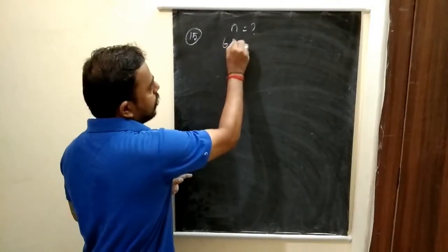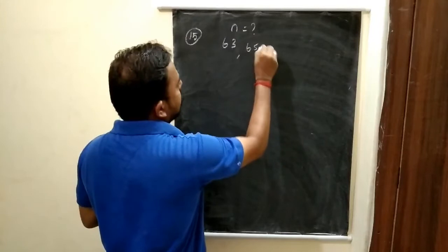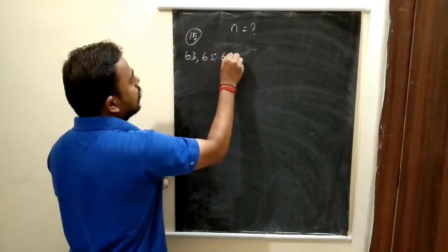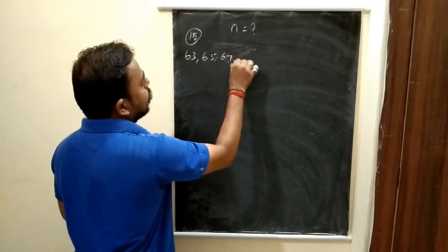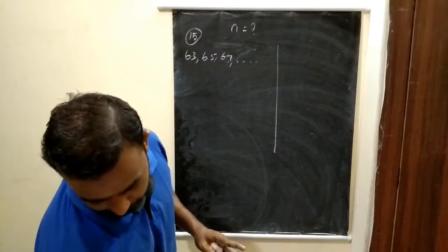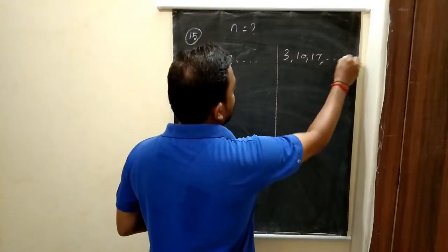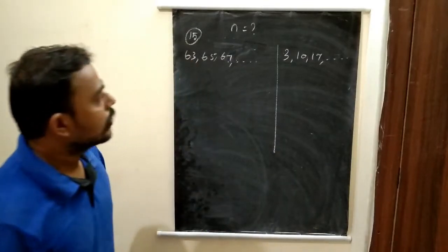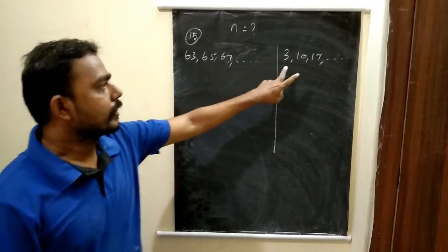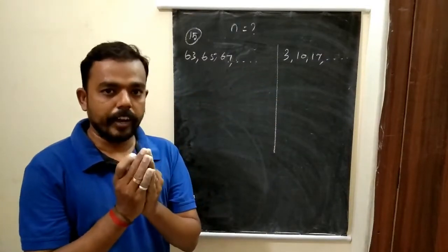So here the first AP is 63, 65, 67 and so on. And another one is given: 3, 10, 17 and so on. Here decreasing, here somewhat increasing. Definitely it's going to meet at one value.